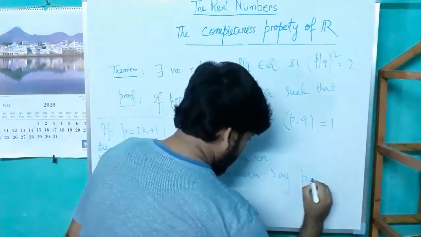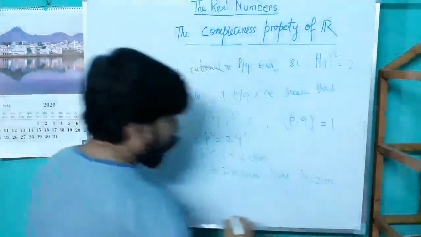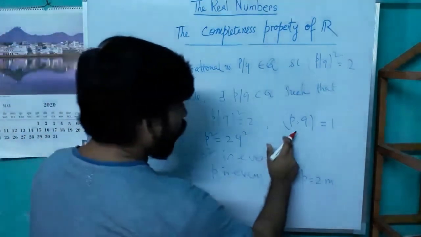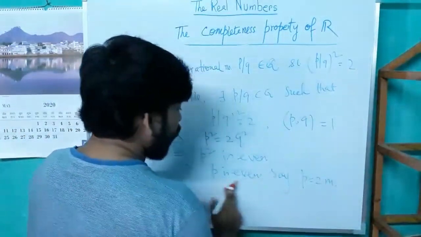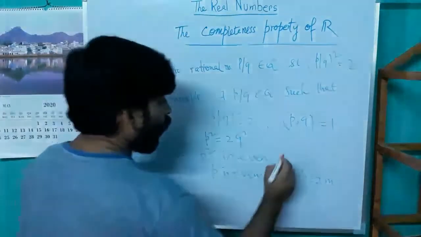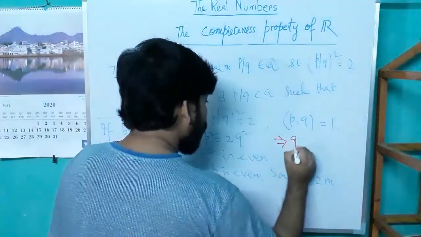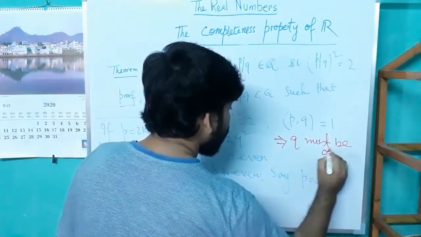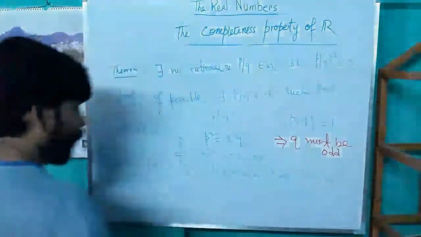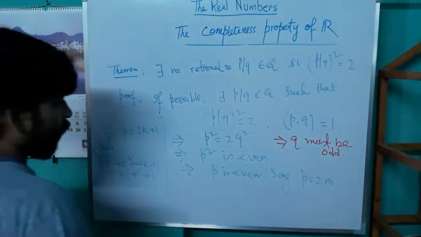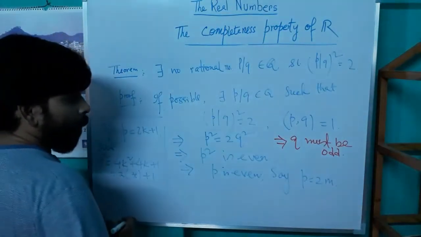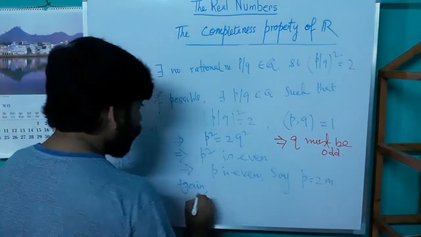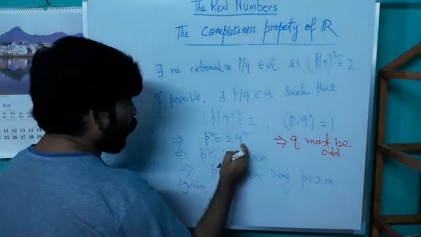Say P is equal to twice M. Since GCD of P and Q is 1 and P is even, Q must be odd. Again, P square equals 2Q square.